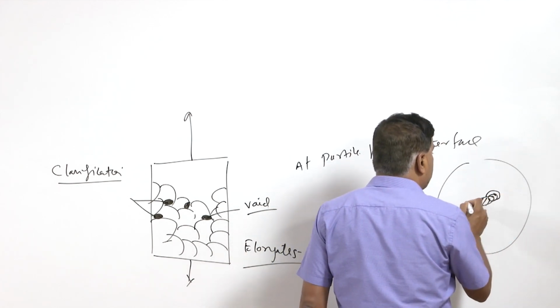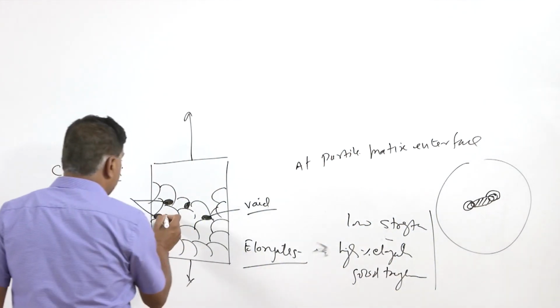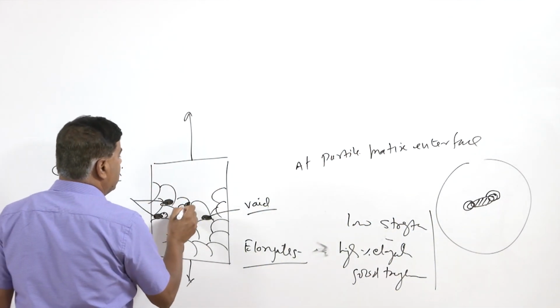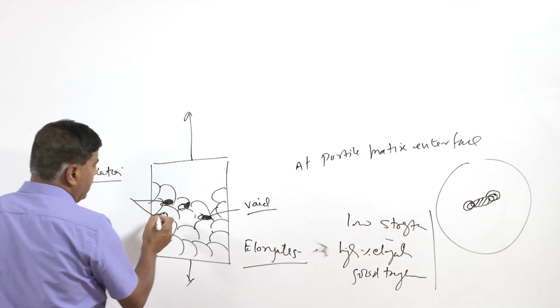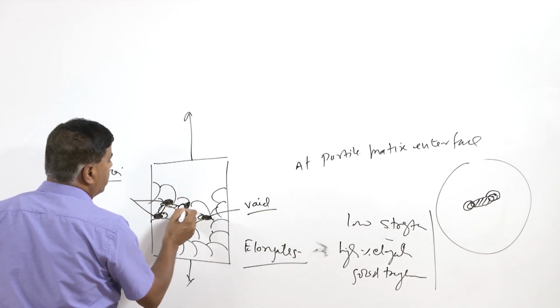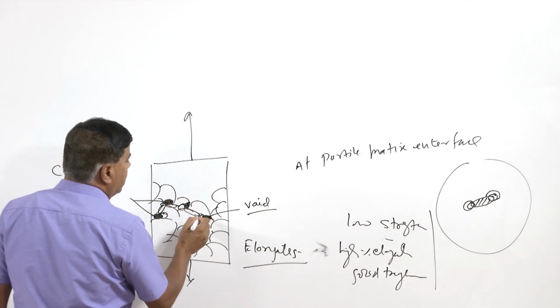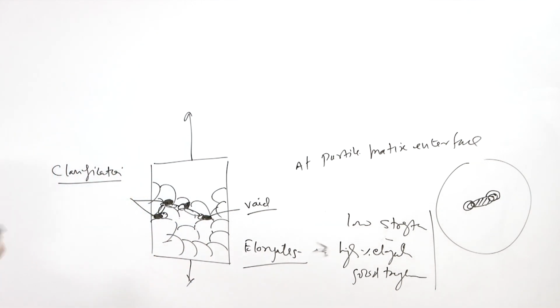So, the voids are formed, and once the voids are formed at all these locations, then they will be growing, and consequently the coalescence of all these voids will take place, which in turn will lead to the separation of the component under the effect of the external load.